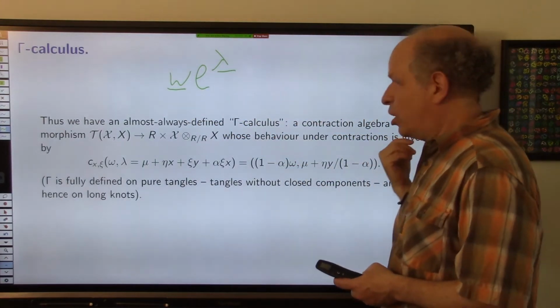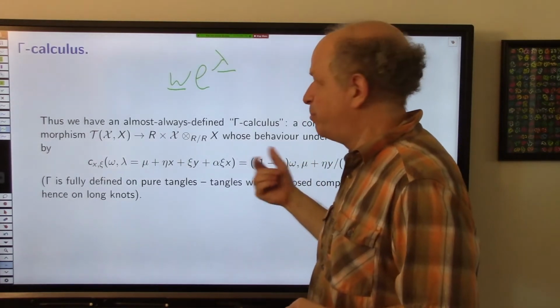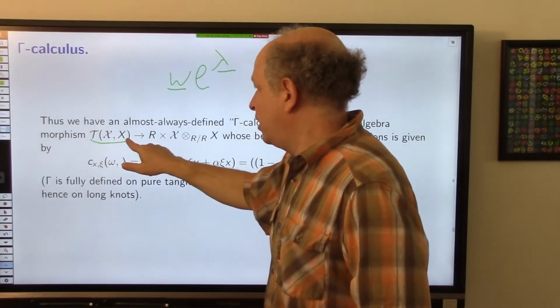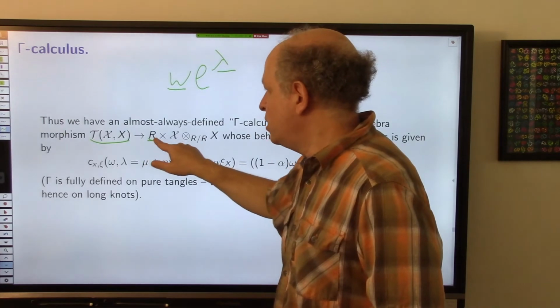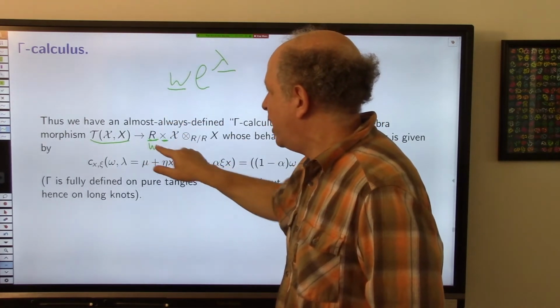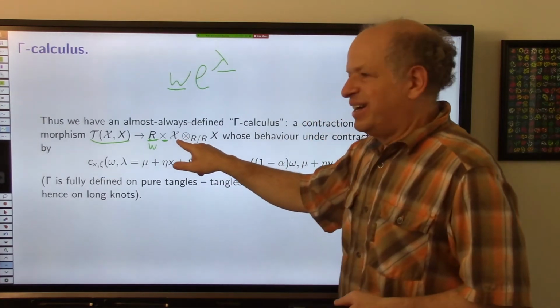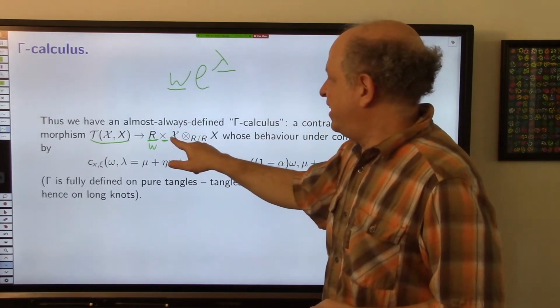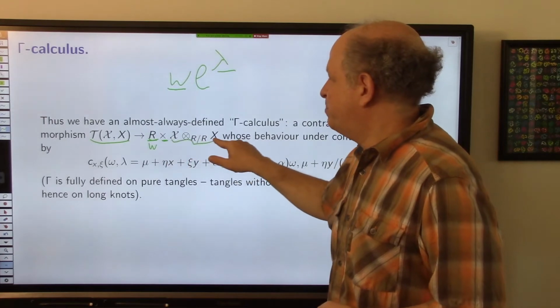So we get a morphism of contraction algebras from tangles into the ring cross, so the ring is for saving omega, cross, basically the space of quadratics.